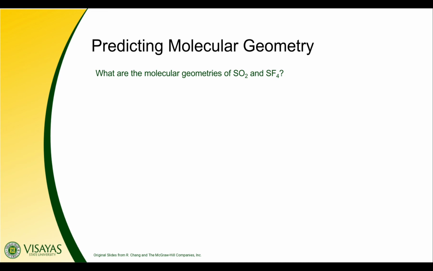So first step is we draw the correct Lewis structure of the molecule. So we start with the first, SO2. Okay, so we have SO2.